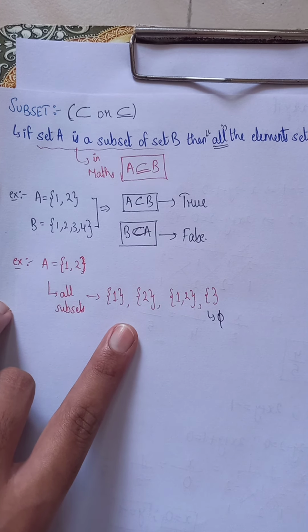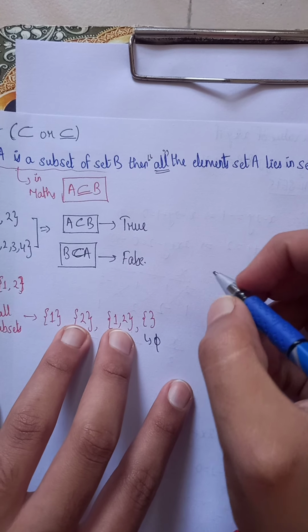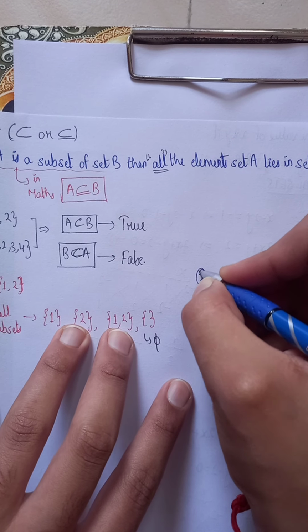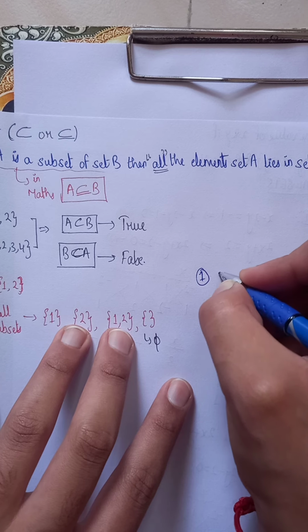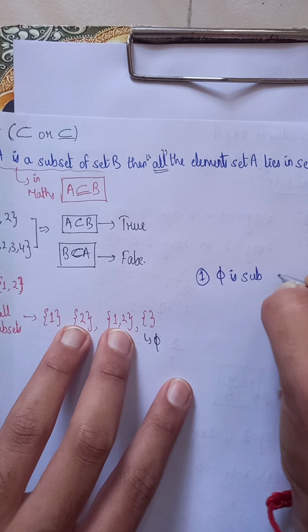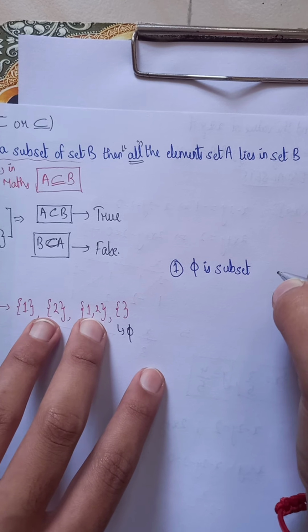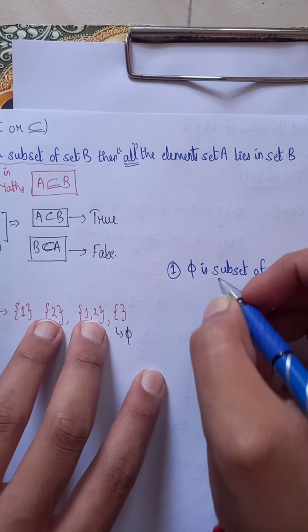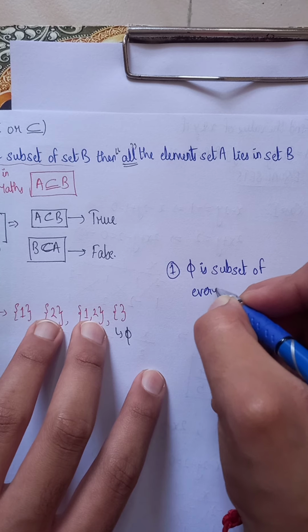So here comes a note. You need to write here that phi is a subset of every set.